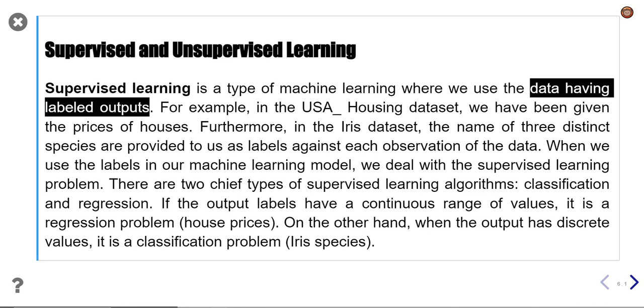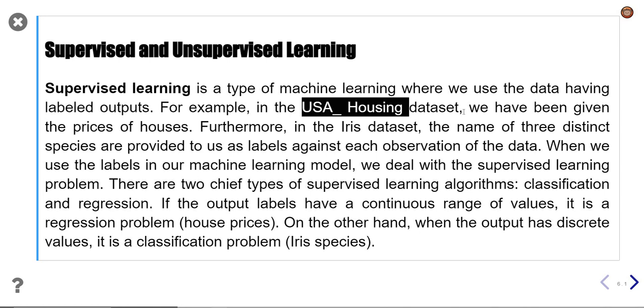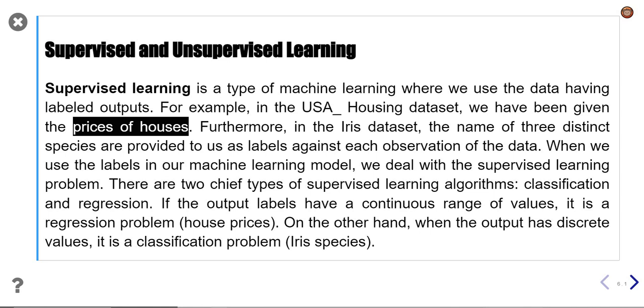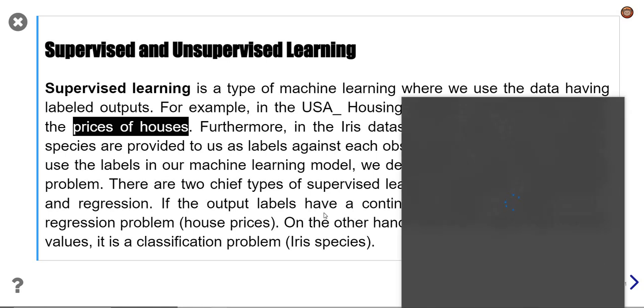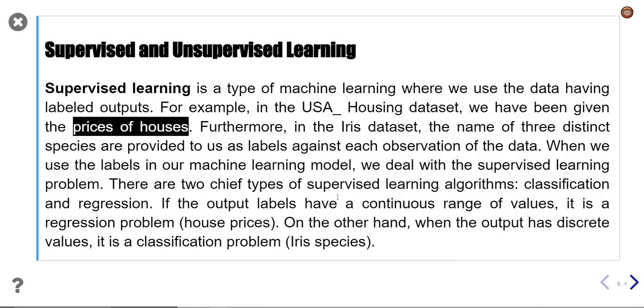That is supervised learning. For example, in the USA housing dataset that we have used, there is an attribute known as the price of the house, right? If you are going to use that dataset to predict the price of the house, that means you want to do some prediction, right? You want to predict based on the other attributes.